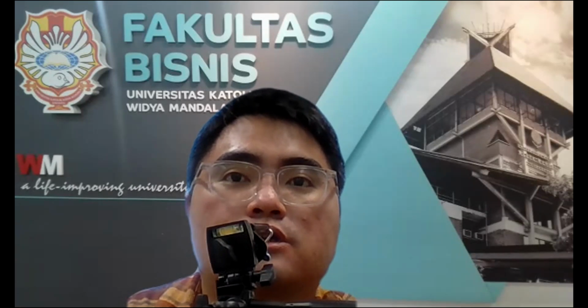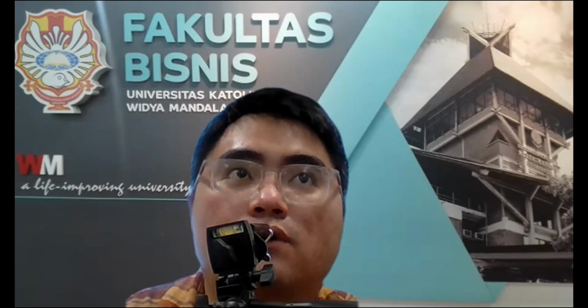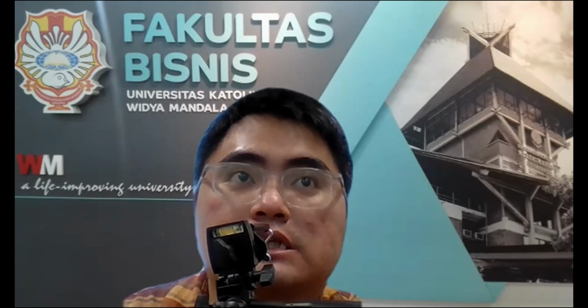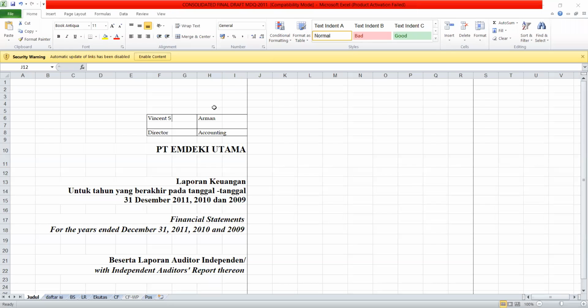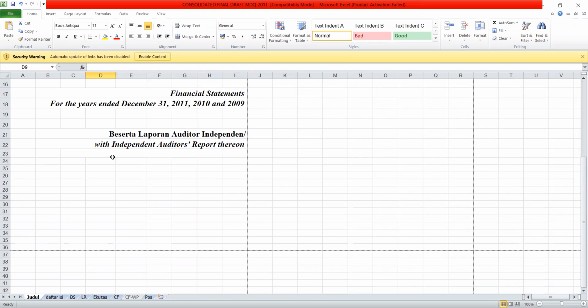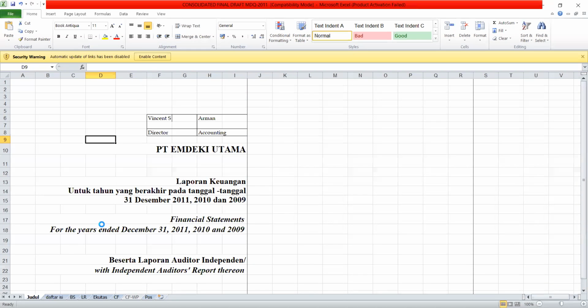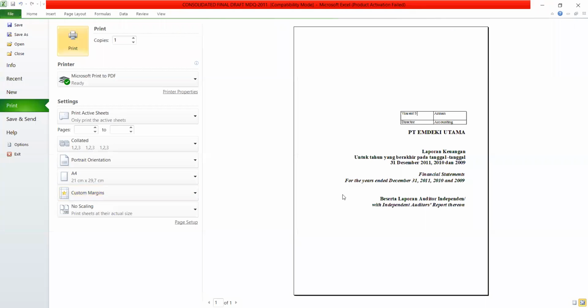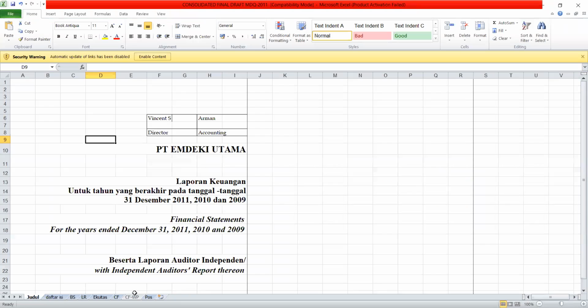And the audit report itself is in the form of Microsoft Excel, like this. This is the cover. If you preview, you will see the cover, like the actual audit report in idx.com.